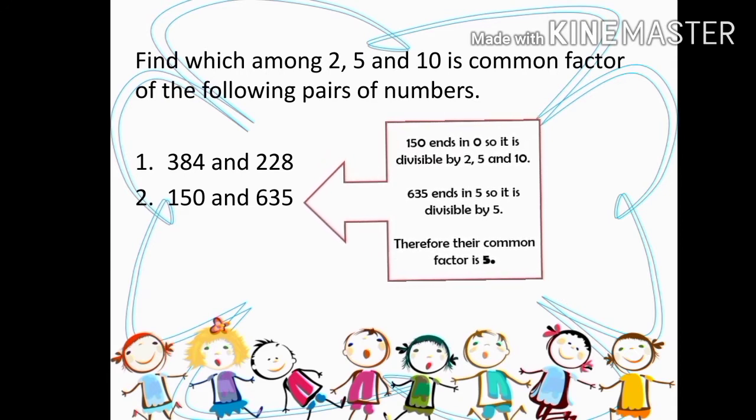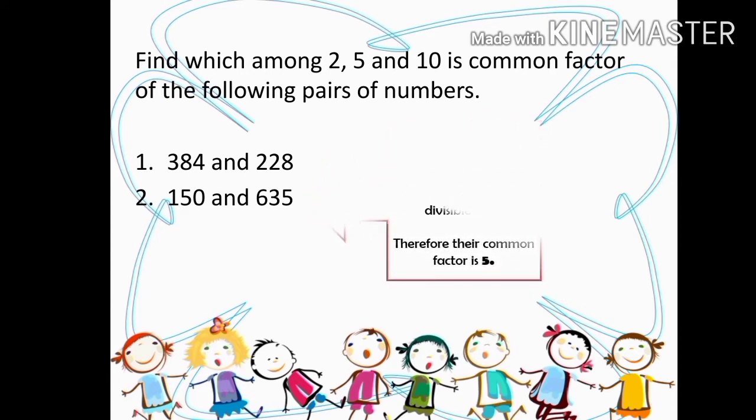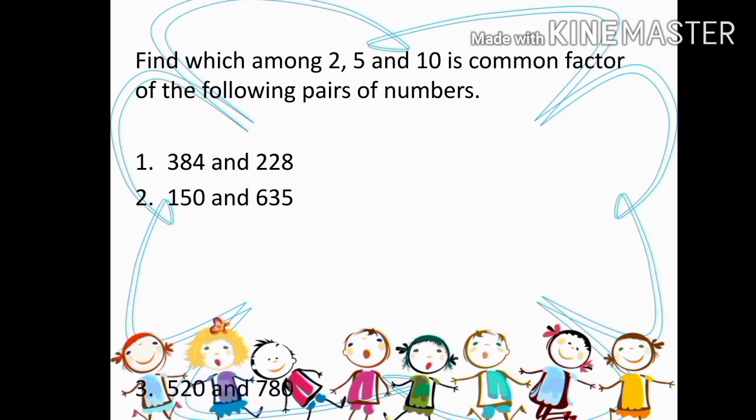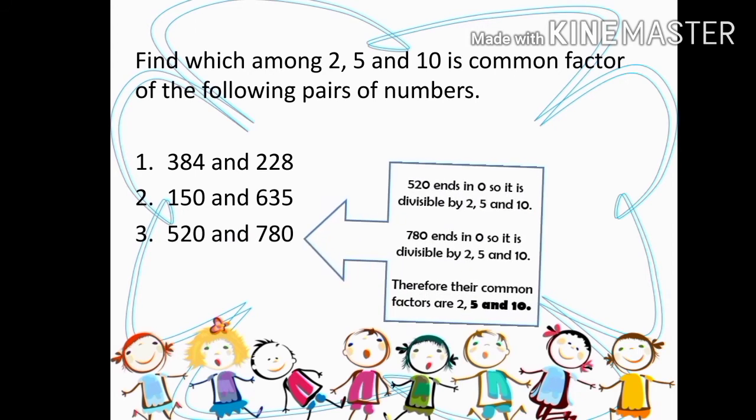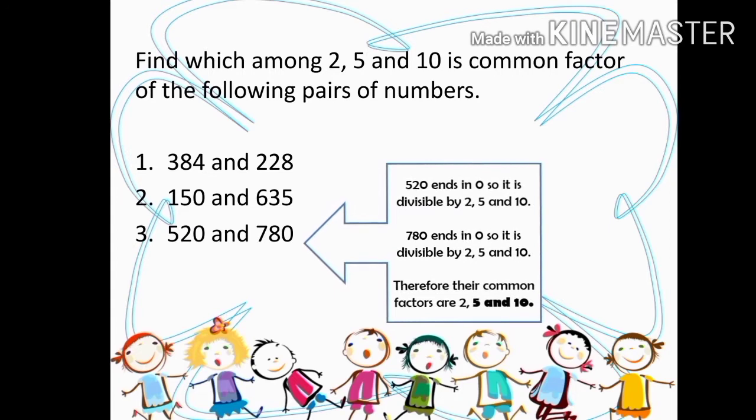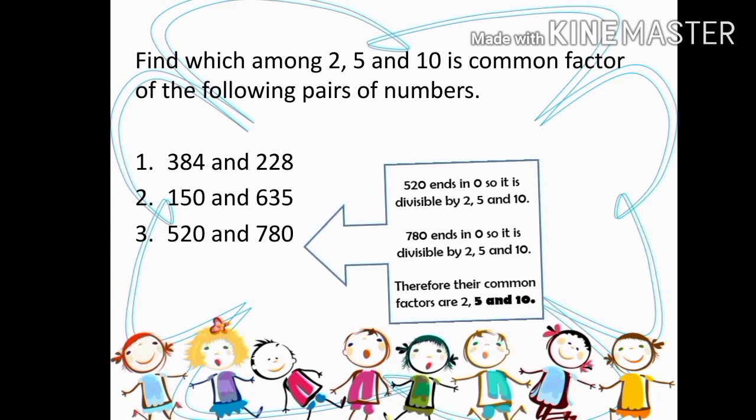Who got it? For number 3, we have 520 and 780. Take a look at the last digits of the numbers. Very good. Their common factors are 2, 5, and 10.